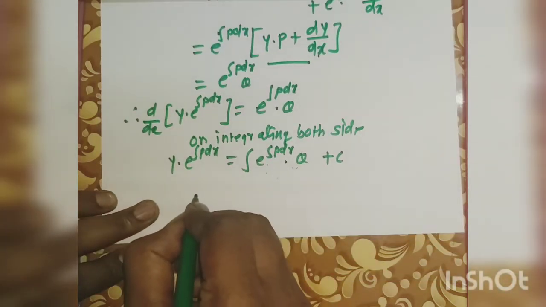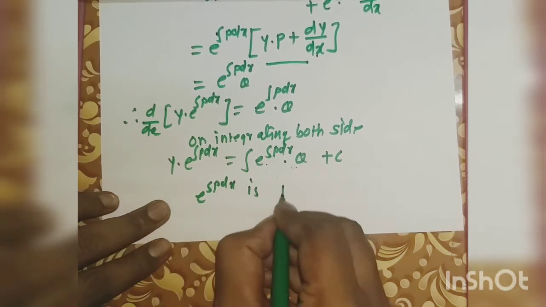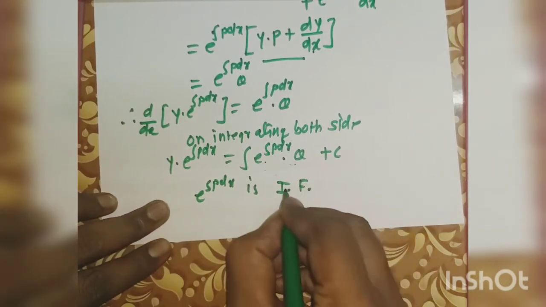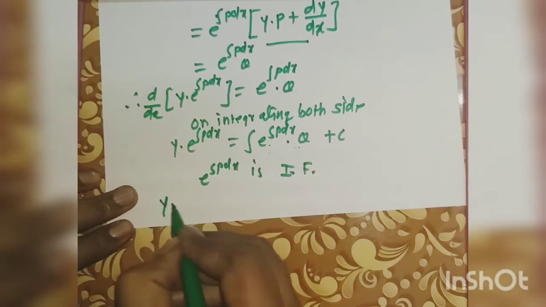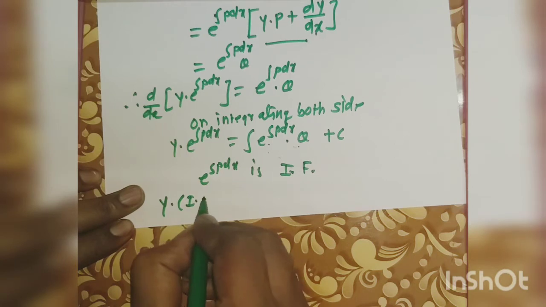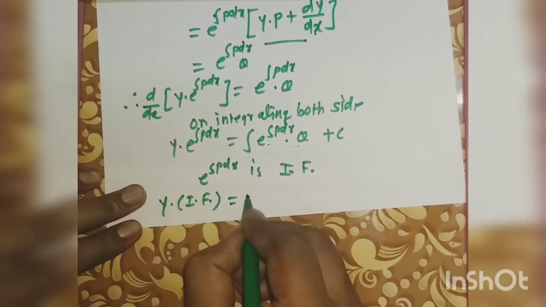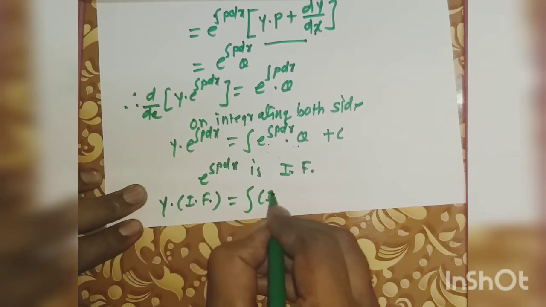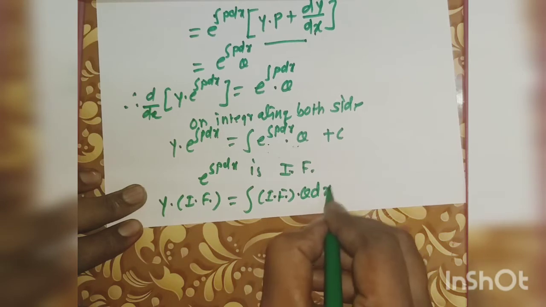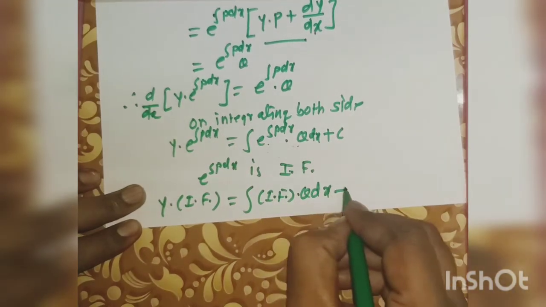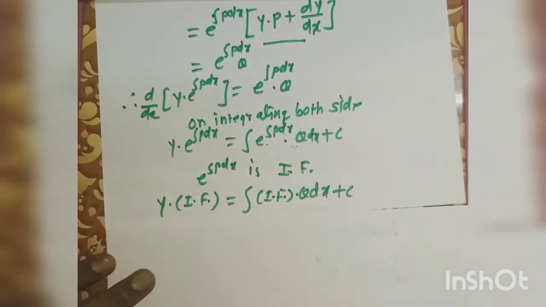Here e raised to integration p dx is called the integrating factor, IF for short. That means the solution of this equation is y into IF, the integrating factor, that is e raised to integration p dx, is equal to integration of IF into q dx plus constant c, which is the answer.